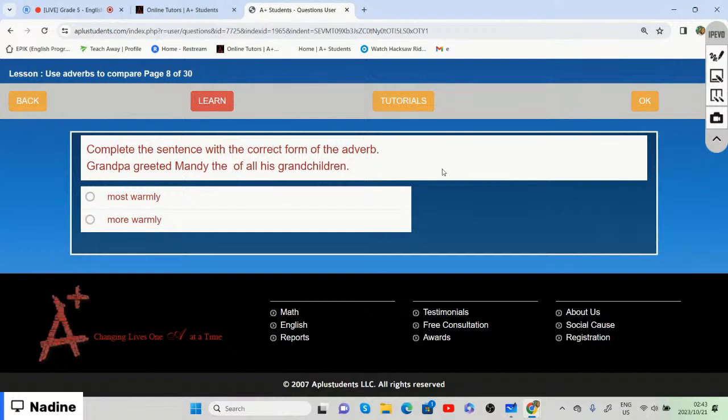So if it says of all his children, remember we said, Mandy's being compared to all the children, then we can say most warmly. Most warmly.